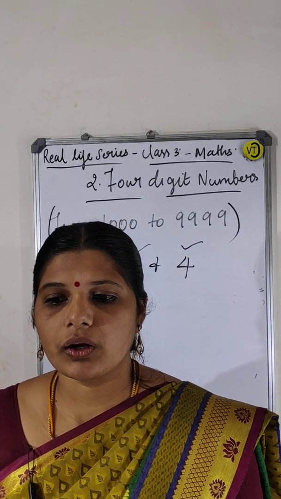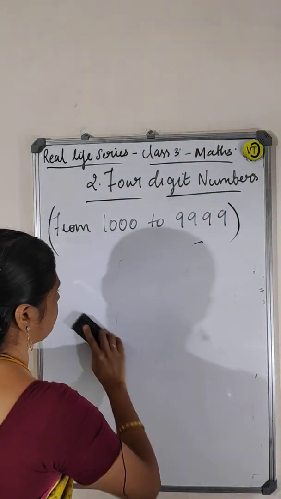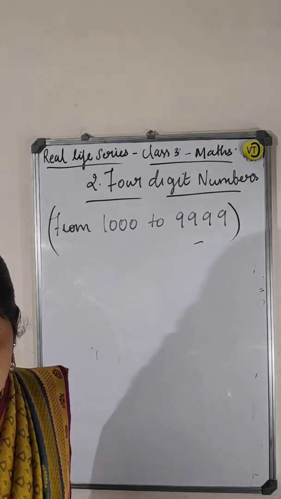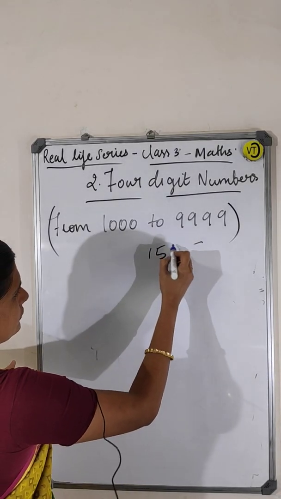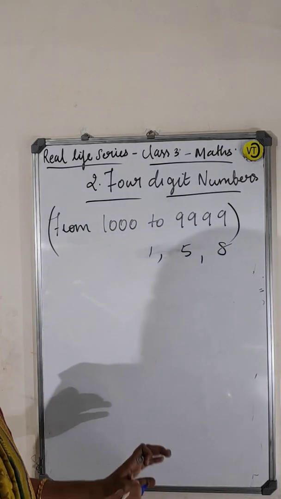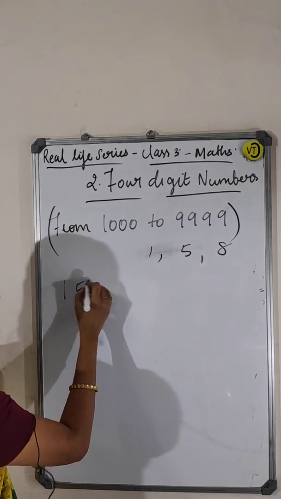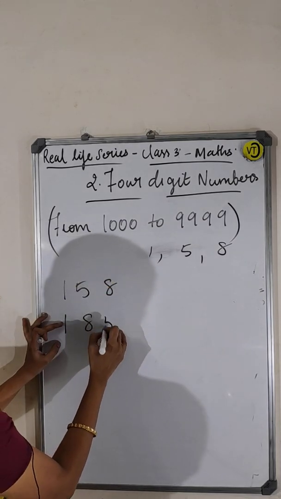Write all the possible 3-digit numbers using the digits 1, 5 and 8. How can you write? First take 1 as the first number: 1, 5, 8 and 1, 8, 5.